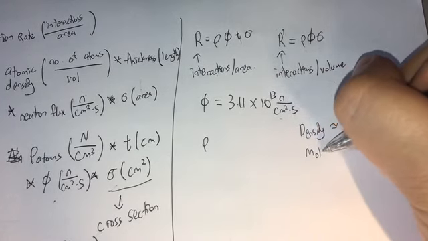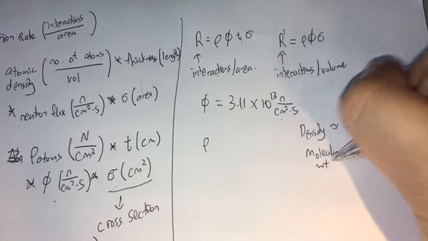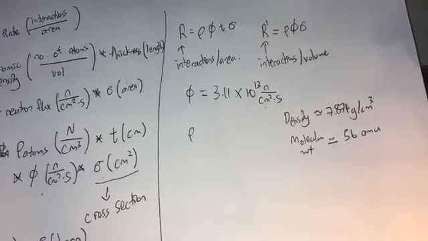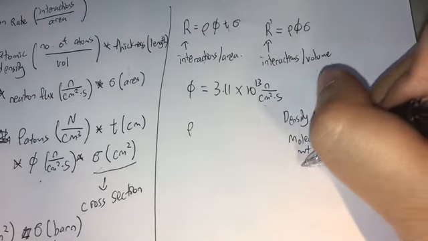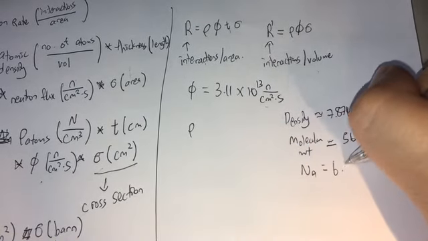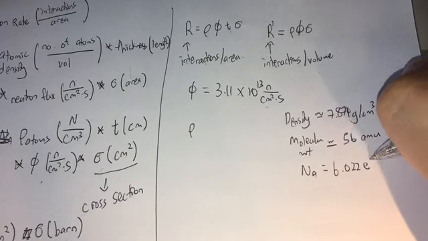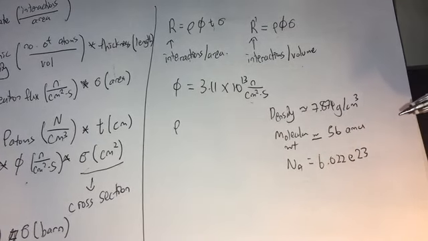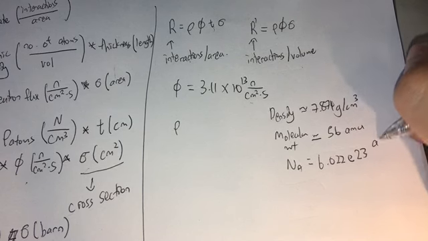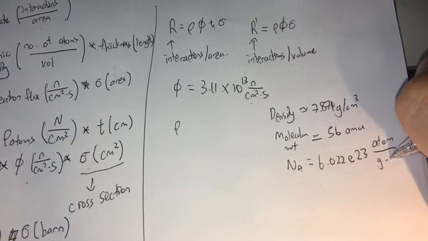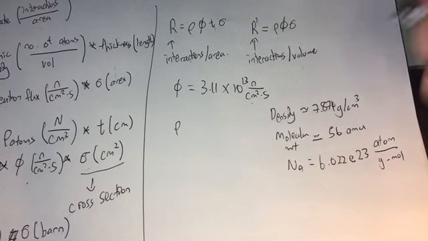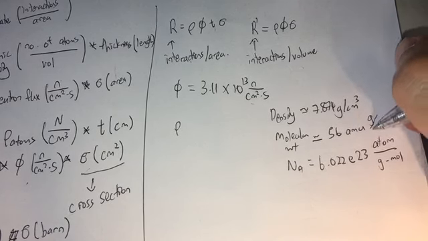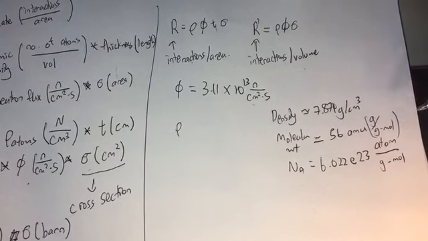The molecular weight is about 56 atomic mass units, or 56 u, and the Avogadro constant is 6.022 times 10 to the power 23. Sometimes you use E, especially in Excel. So this is atoms per gram mole. 56 AMU, or 56 grams per gram mole, it's the same thing.